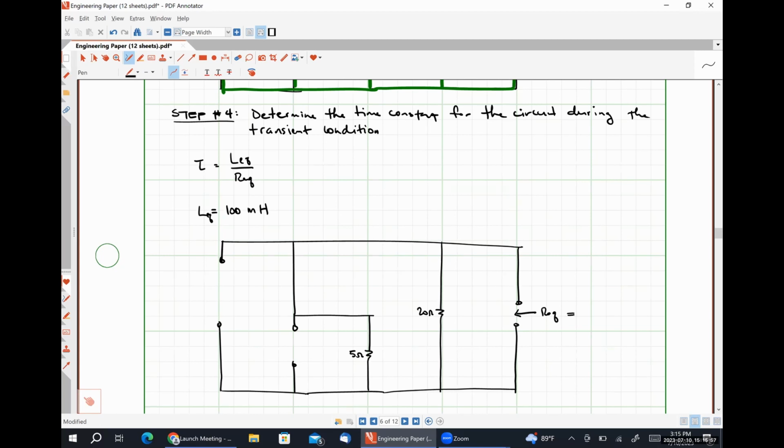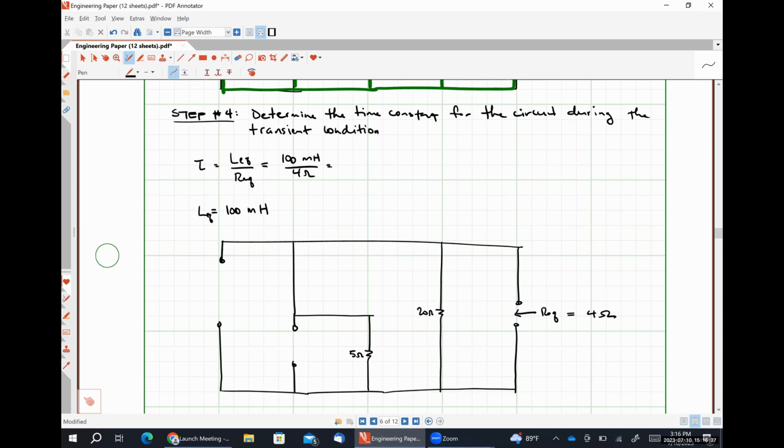20 in parallel with 5. All right, so what's 20 in parallel with 5? 1 over 5 plus 1 over 20, 1 over all that. 20 times 5 over 20 plus 5 is 4. So if we are in agreement that REQ is 20 in parallel with 5, which I believe to be true, then we're going to have 100 millihenries over 4 ohms.